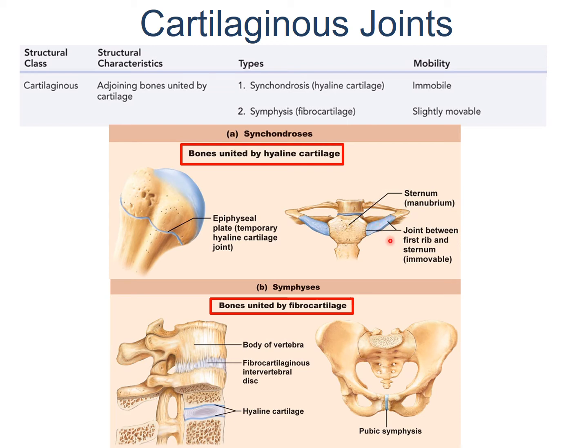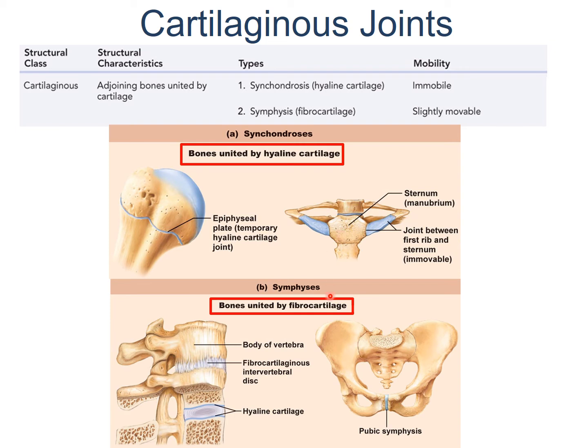That was your location for hyaline cartilage when we did tissues. Hyaline cartilage is located between ribs and sternum. Well, that's also a type of joint, and specifically it's a synchondrosis joint because you've got hyaline cartilage joining 2 bones, ribs and sternum, together, okay?